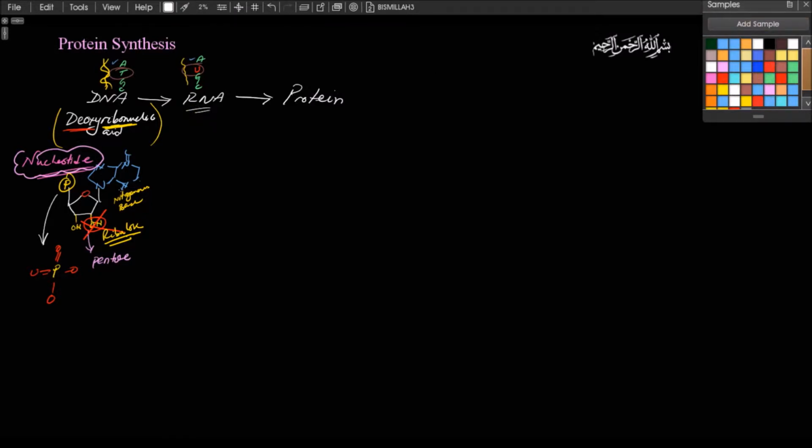Now, the other aspect of this is that the DNA does not leave the nucleus. It's kind of like a sacred book, a library reference book. You can't take it out. DNA stays in the nucleus.